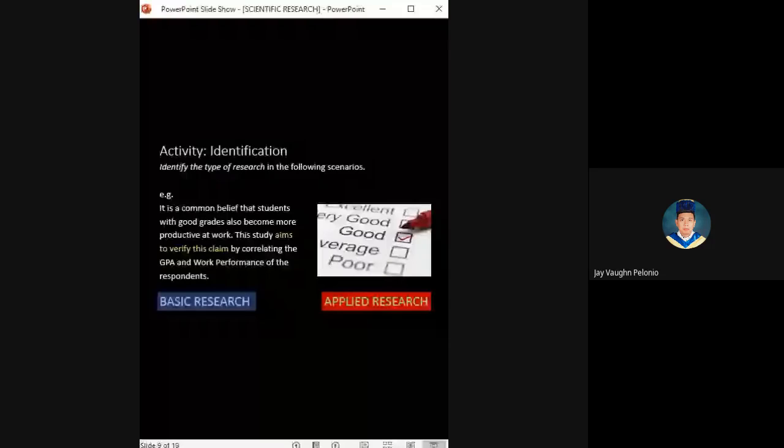How about malakas na yung kutob niyo? Joel Marie Zate, what do you think? Is it basic or applied? Miss Zate, what do you think? Alright, she said applied. Why do you think it's applied?